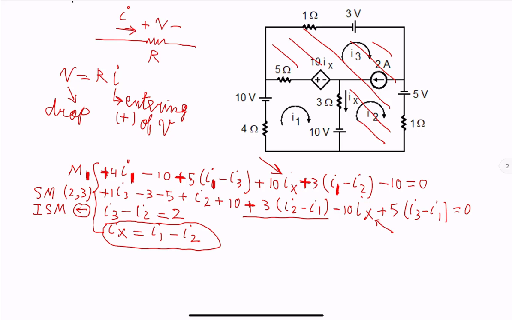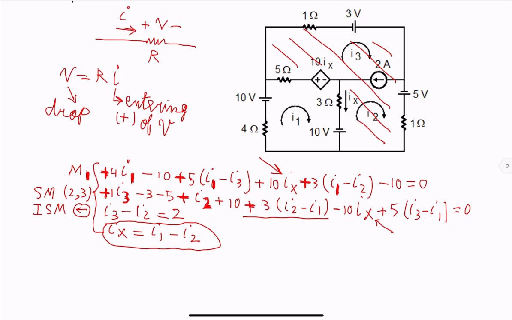Same thing is true for the supermesh. So for supermesh, we should get either positive I3, supermesh is meshes 2 and 3, or positive I2. One of those currents by itself, or I3 or I2 with another current subtracted from it.